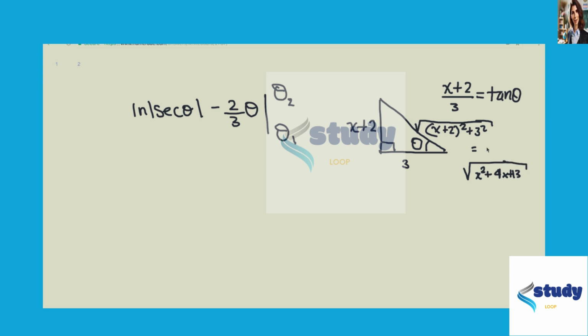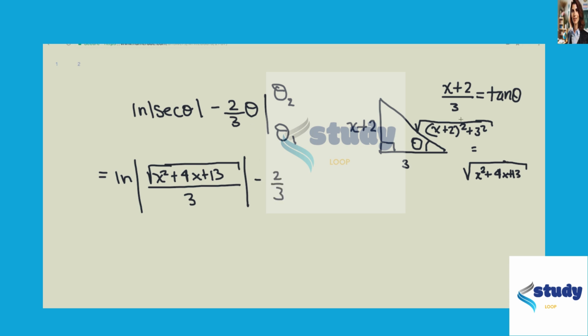So now let's just evaluate secant. So we have natural log absolute value. So secant will be hypotenuse over adjacent. So that's just a radical divided by 3. And then we have 2 over 3.